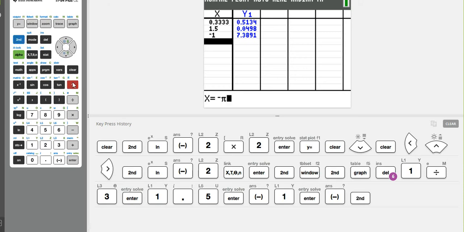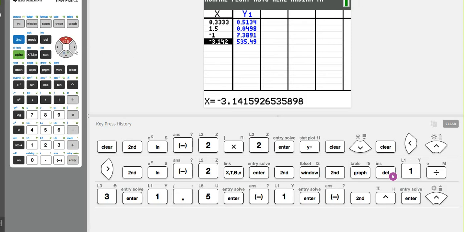Pi is above the up arrow key, so when I press the enter key, it's going to replace this with negative 3.14159265358979, etc. So, all right, I'll let you look at the rest of them as needed, but there you go. If you don't have enough decimals from the y value, then put your cursor on whatever particular y value you need, and then you'll get more decimals than you can use.